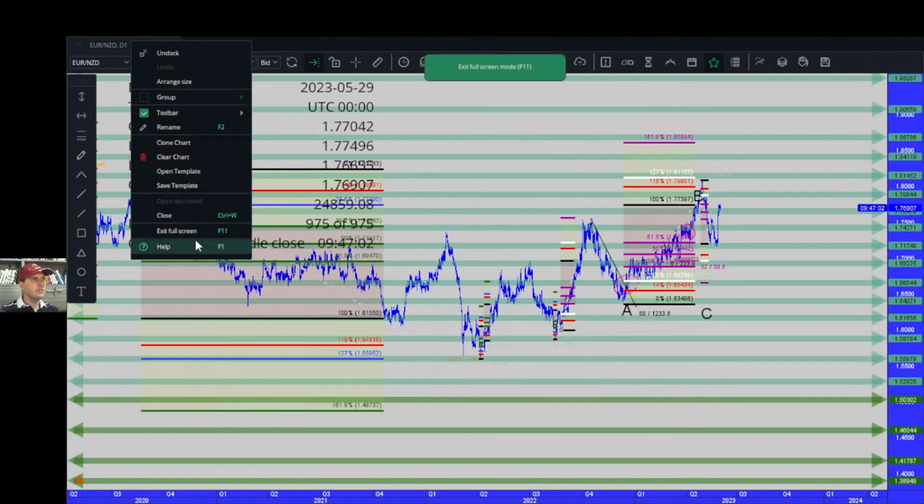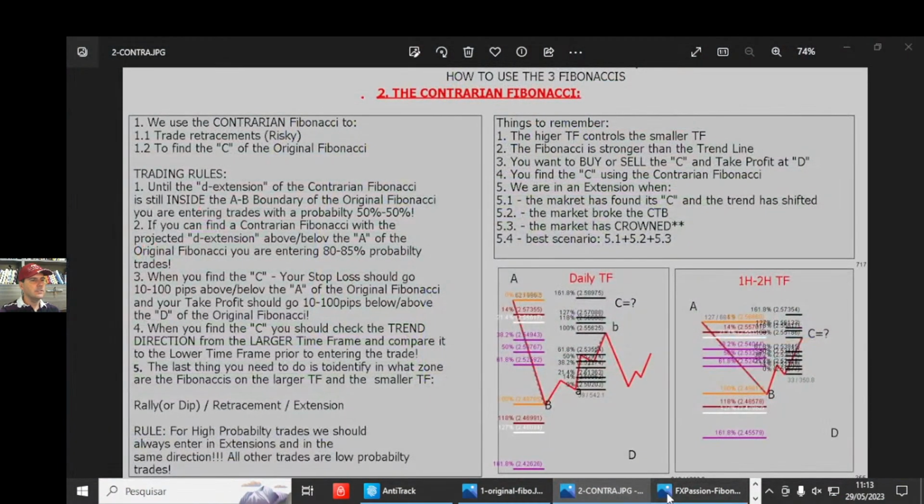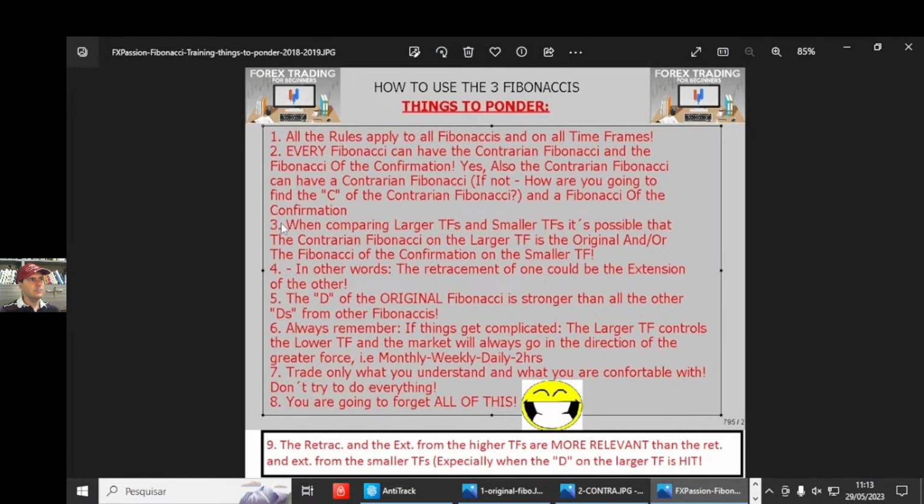Do you understand, everybody, what this picture is trying to tell you? Number 3: when comparing larger time frames and smaller time frames, it's possible that the contrarian Fibonacci on the larger time frame is the original Fibonacci or the Fibonacci of the confirmation on the smaller time frame.